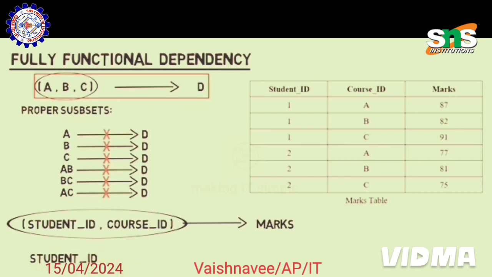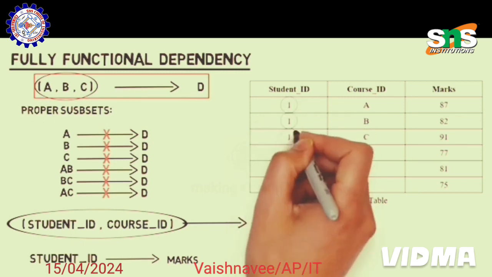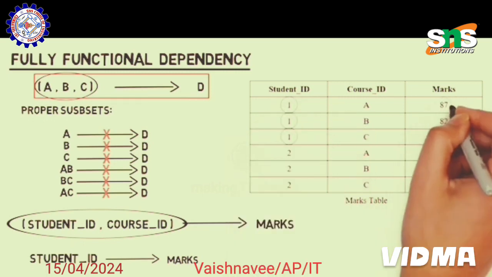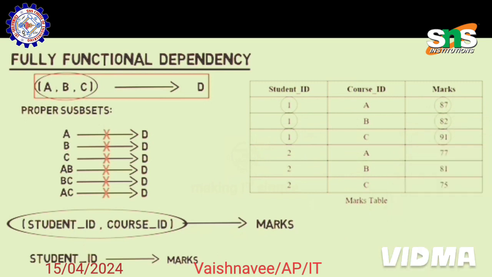So the proper subsets will be student ID and course ID. Let us check if we can determine marks using these. If you want to get marks of student ID, there are 3 individual records with student ID 1 and we get 3 different values for marks. We cannot uniquely determine marks just by student ID.